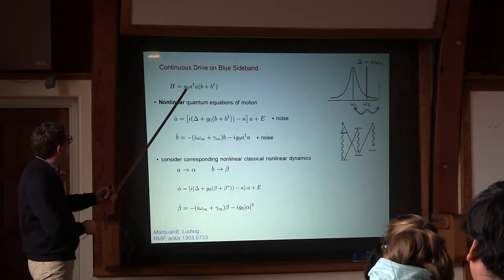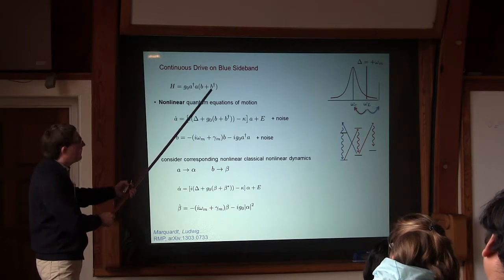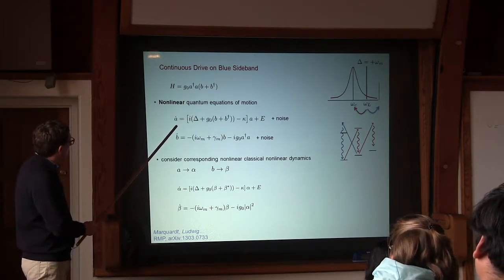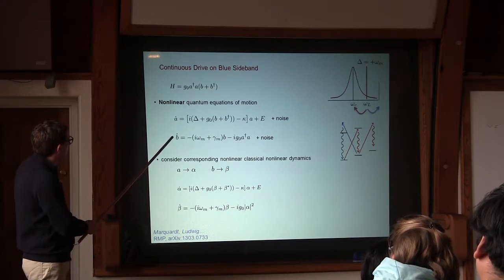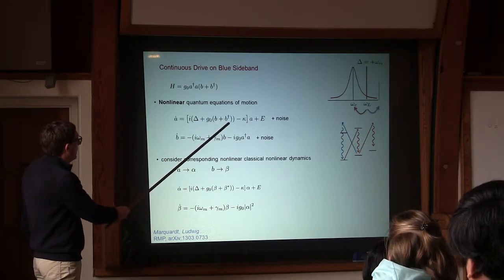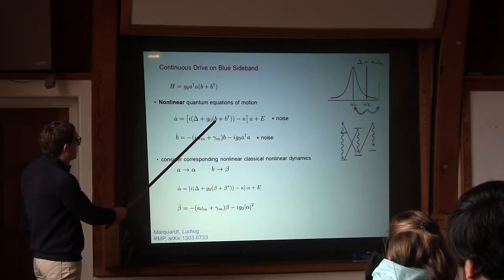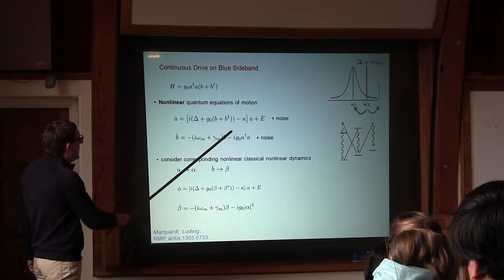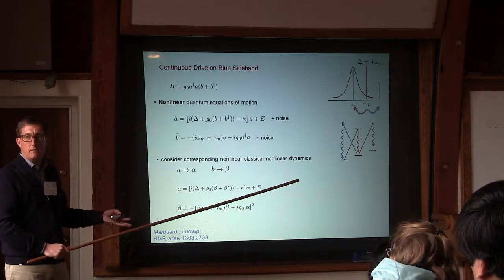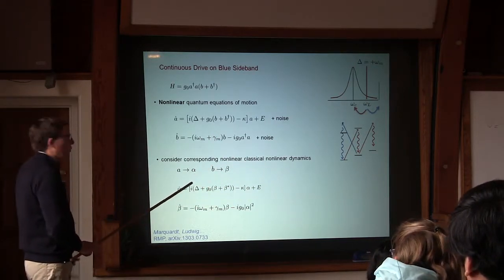The nonlinear dynamics would be described by the nonlinear interaction Hamiltonian I derived yesterday. You can look at the nonlinear quantum equations of motion for A and B as well, which now are not linear anymore, because you will have quadratic terms, B and A, and here A dagger A, so you cannot solve that analytically.